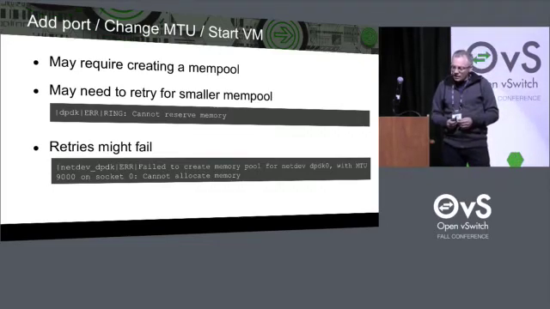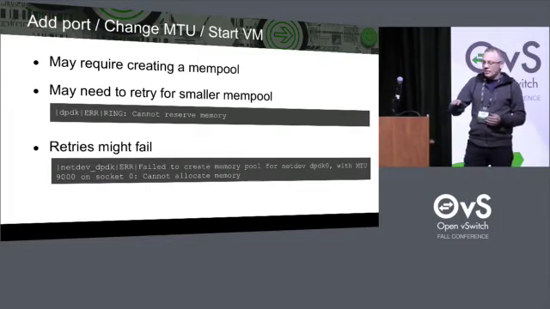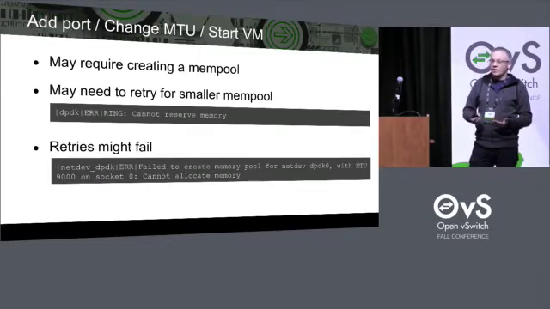The first entry there is "may need to retry for smaller mempools". This is actually a DPDK message saying we cannot reserve memory, and it's where we get into the layering between OVS and DPDK. From a DPDK perspective, a mempool has been requested of a certain size, and it maybe can't honor that, so it's perfectly acceptable for it to say there's an error, we can't reserve that memory.